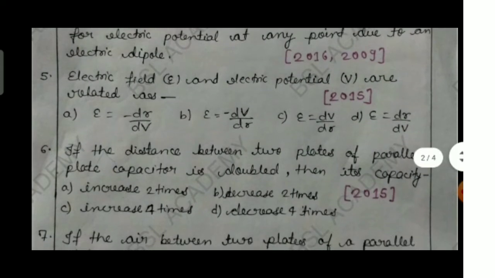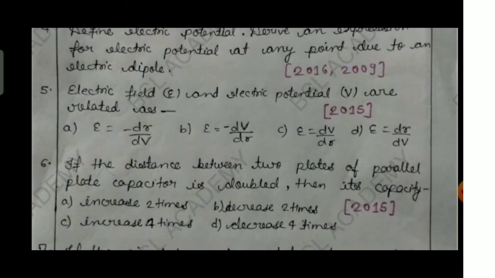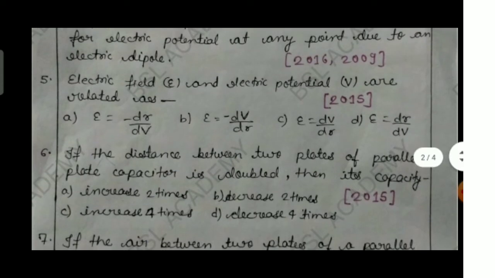Question number 5. Electric field E and electric potential V are related as, means you have to find the relation between electric field and electric potential, which was asked in 2015 in the objective questions.